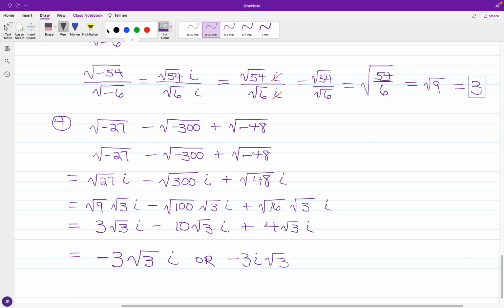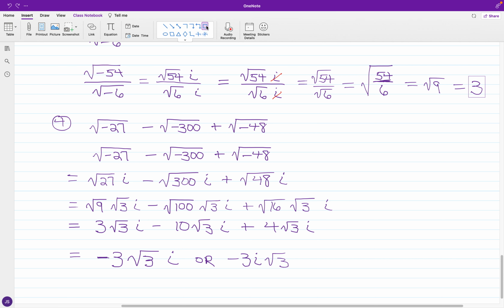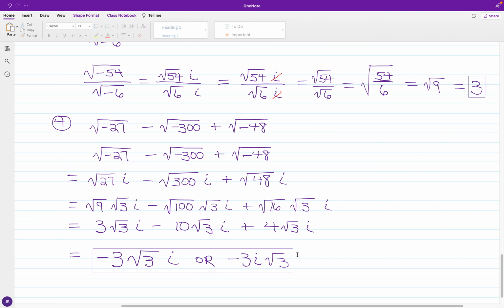Okay, now just going back to what we have with complex numbers in standard form.